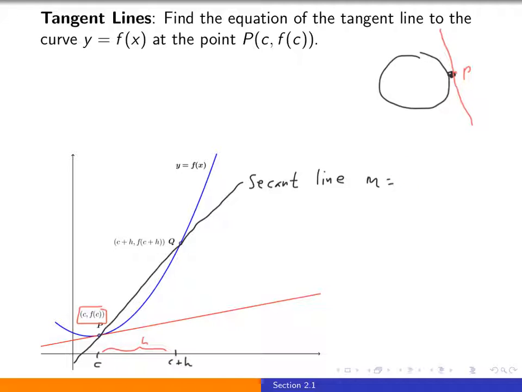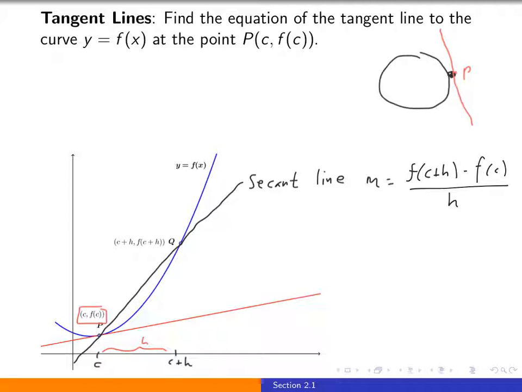So f of c plus h minus f of c, the rise, over the run, c plus h minus c. And notice the c plus h minus c simplifies very nicely. The c's cancel, and really what we're left with is simply an h in the denominator.